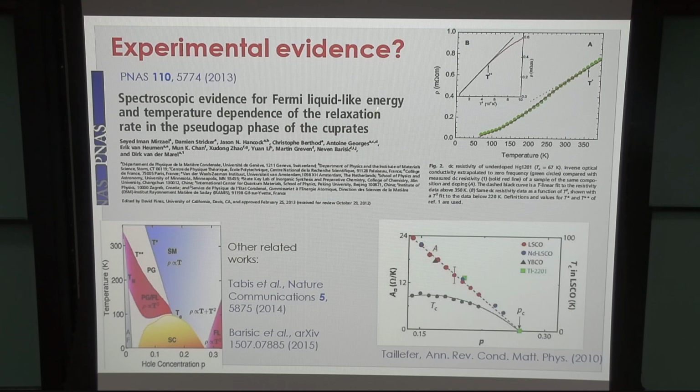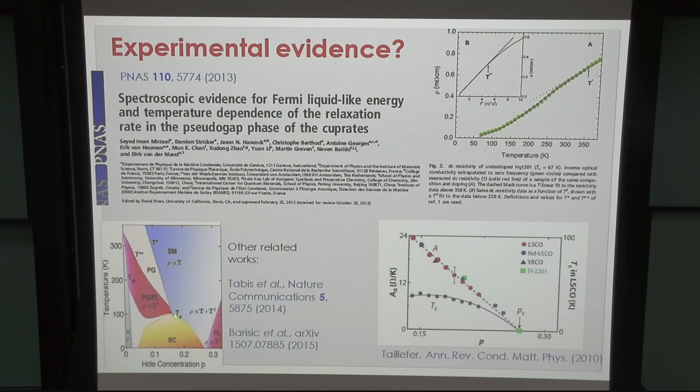Okay, so does this agree with the experiments? I'll show some experiments which suggest that this is the case. So this is the first spectroscopy evidence for Fermi-liquid-like temperature dependence of the relaxation rate inside the pseudogap phase. So I show you here the data of some related works also. As you see here, the strange metal phase is given by linear resistivity.